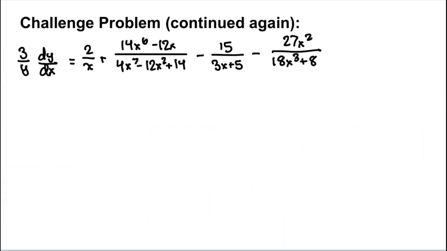So some of these fractions can be reduced. We're going to bring this left-hand side, keep it the same. 2 over x is pretty reduced here. All of these terms in this fraction are divisible by 2, so we can go ahead and reduce that. We can just divide everything by 2.